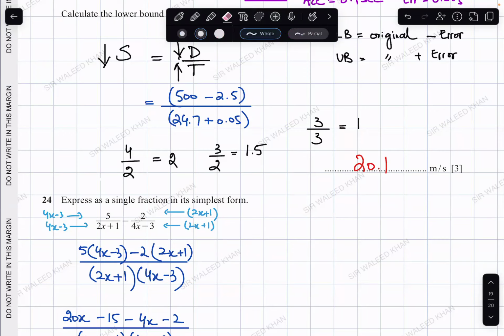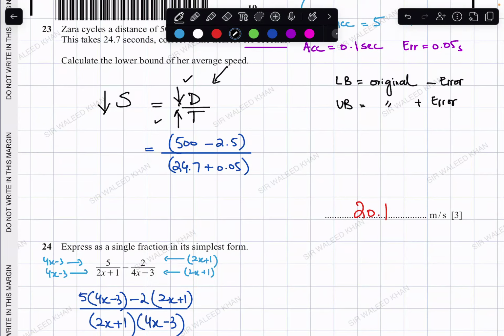Right? Okay. Just remember, whenever you are dealing with upper and lower bounds, and you have to find the lower bound in which the formula has division, always select the lower bound for the numerator and the upper bound for the denominator.